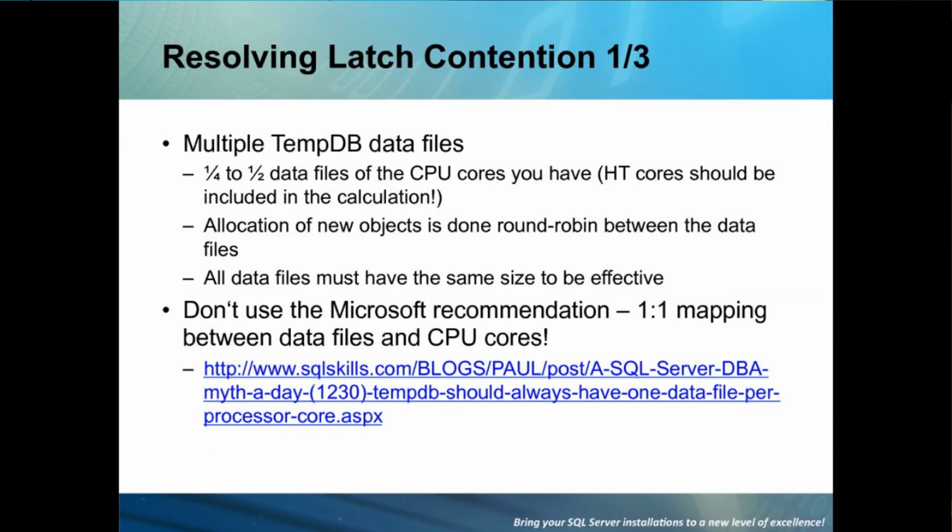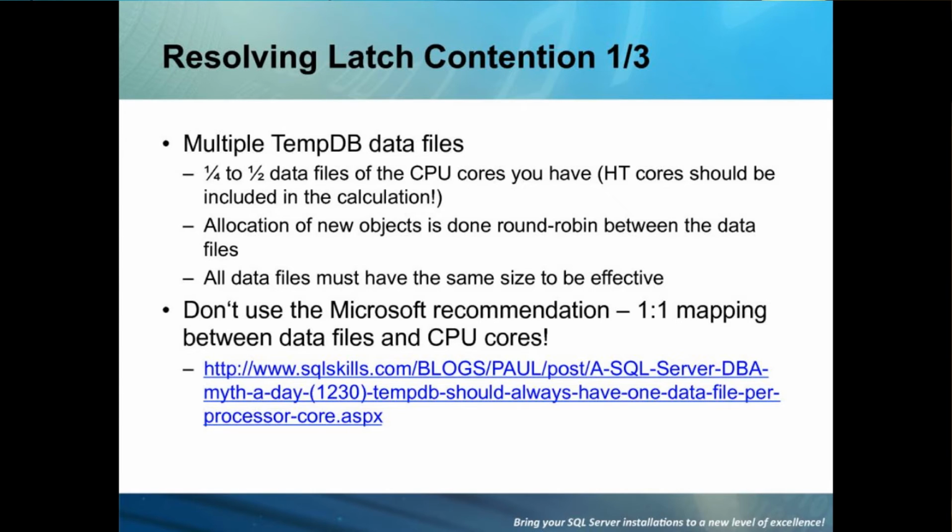How can we resolve that latch contention? By using multiple TempDb data files. When we are using multiple data files for TempDb, we are getting multiple copies of those specialized pages. SQL Server implements a so-called round-robin allocation.